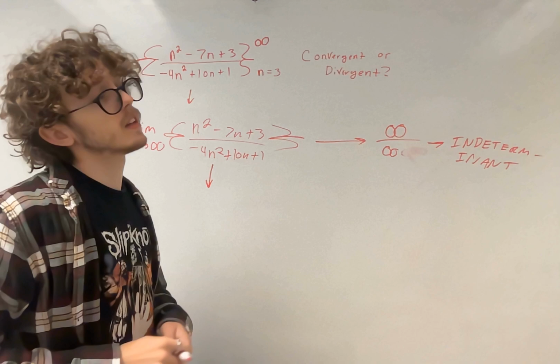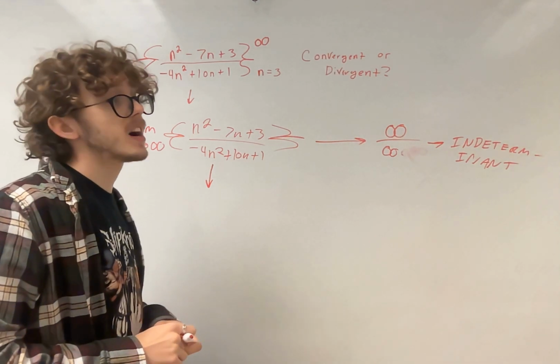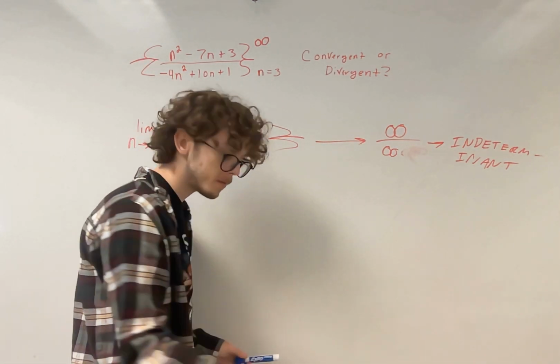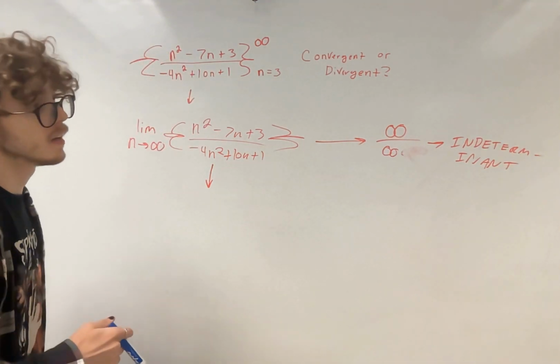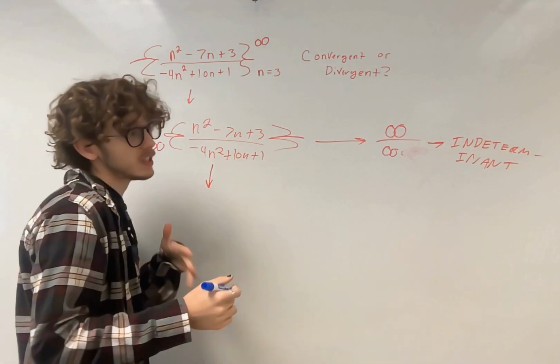Well, hopefully you were taught L'Hopital's rule, but if you weren't, I'll explain it to you. Now you can possibly solve this algebraically, but let's say you just want to use an easier form.